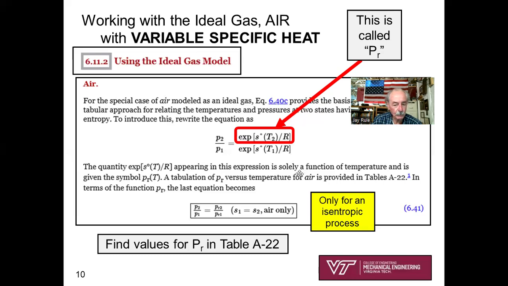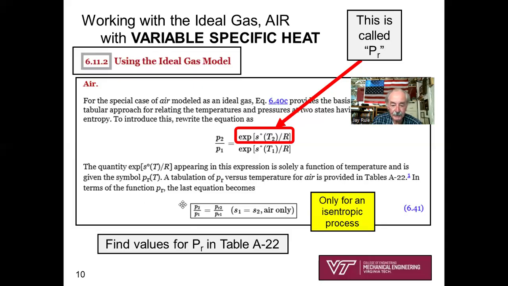The other very cool, very powerful result is equation 641, which says for an isentropic process, for air with variable specific heat, PR2 over PR1 equals P2 over P1.